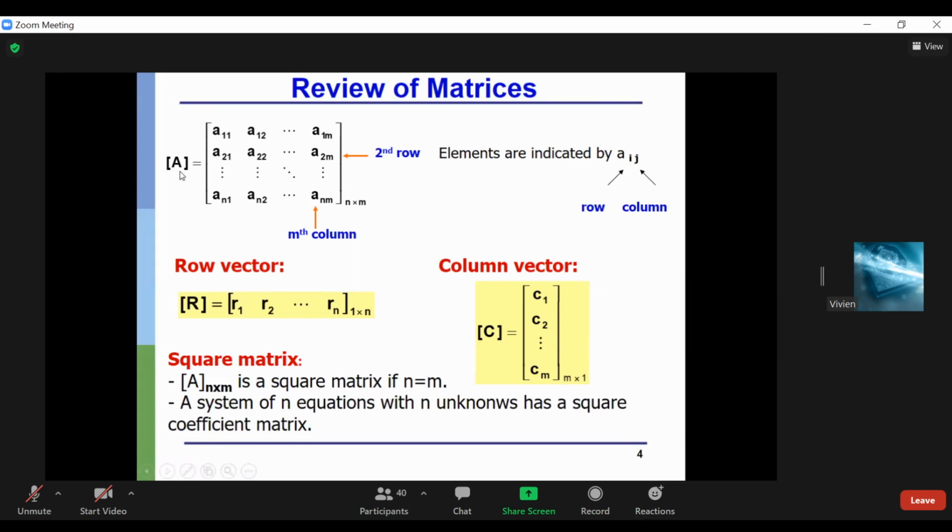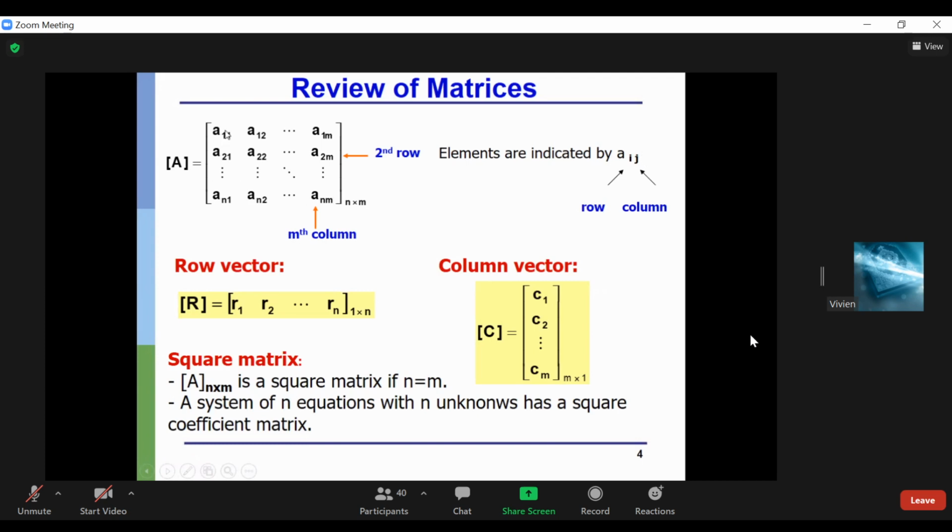Say we have a matrix A, which contains elements inside. Here, for example, we have m columns and n rows. The elements inside matrix A can be written as Aij, in which the first subscript denotes the row and the second subscript is the column.